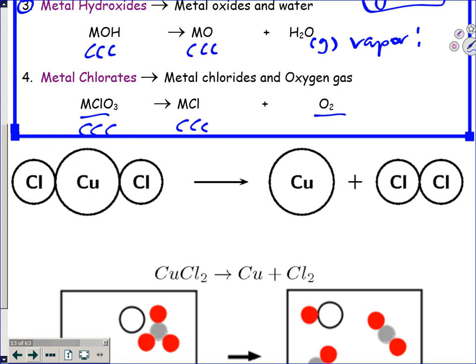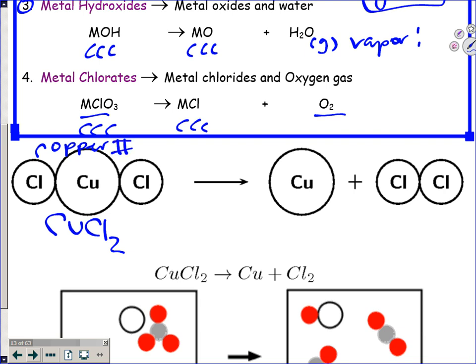Oh, here's some good images. If you wanted to take one and use it for your illustration on the front page, you can. Maybe tell me the name of this one. Copper chloride. Copper 2 chloride, right? Because there's going to have to be 2 plus for copper to relate to the 2 chlorine minus 1 charges.